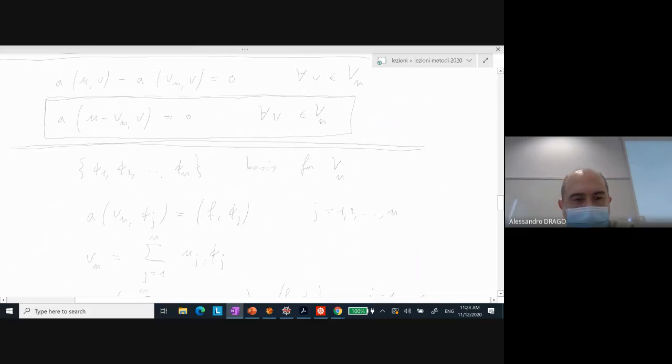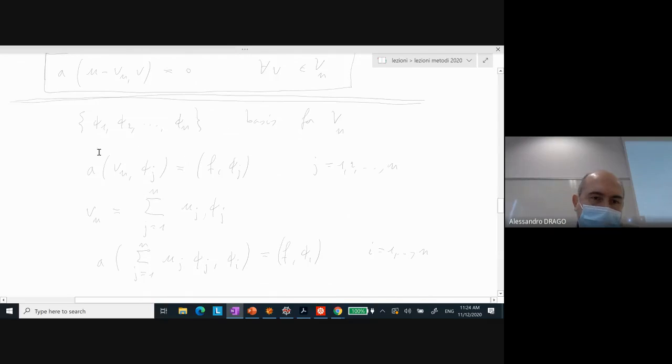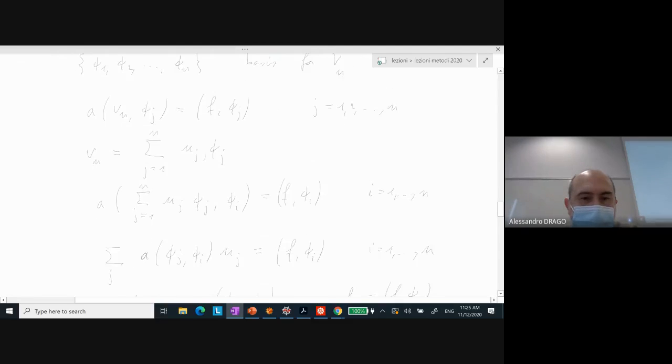So we have at least an equation which is written in a consistent way and that works in a finite dimensional subspace. And so in principle, we can solve that equation. Still, it's not very efficient. The reason is that, okay, we can choose our base for the subspace, but we still have a problem.